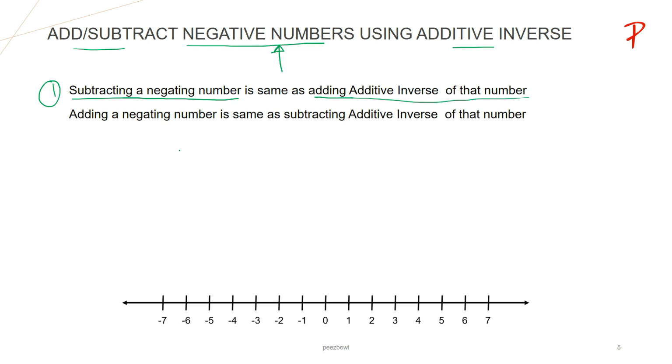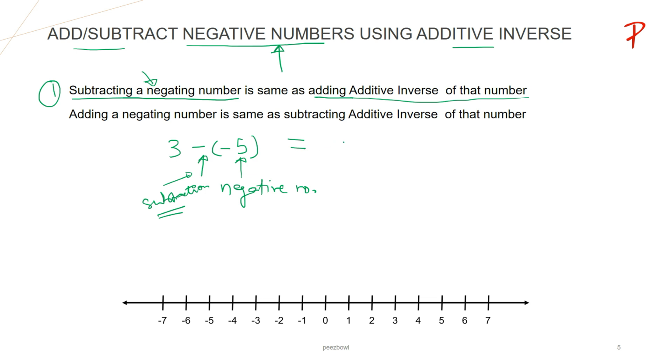What does that mean? Say for example, I want to subtract 3 minus minus 5, right? So in this example, I am subtracting a negative number. This is subtraction and this is negative number, right? So subtracting a negative number is same as adding.